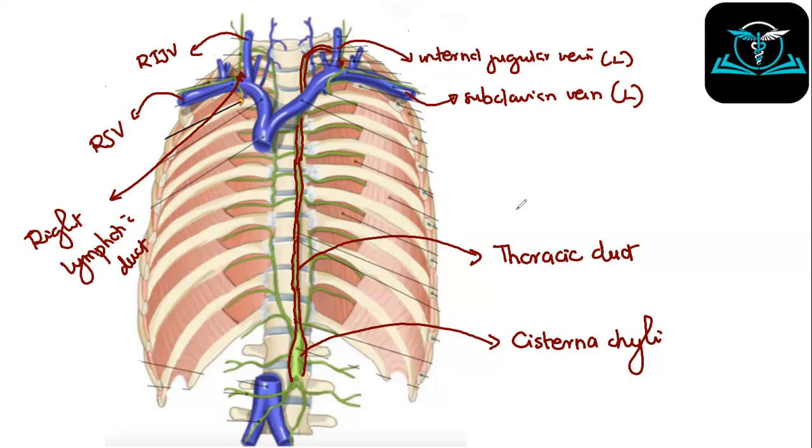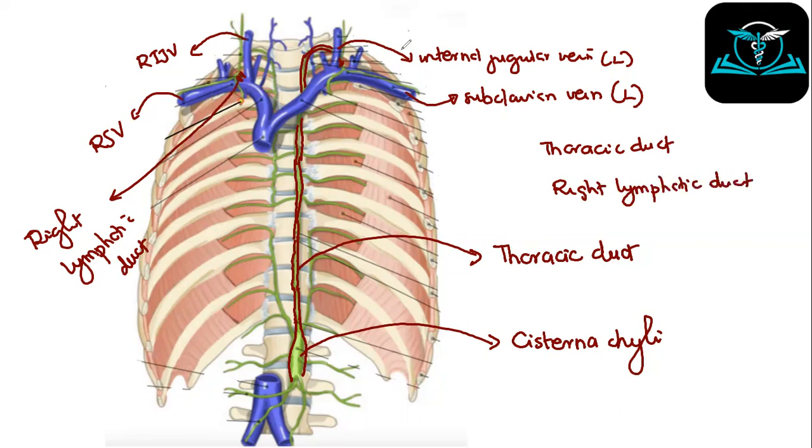And so the point here really is that from the trunks, you move to the ducts, and of the ducts, there are only 2. The one which will drain into the left brachiocephalic vein is the thoracic duct, while the one which will drain into the right brachiocephalic vein is the right lymphatic duct.